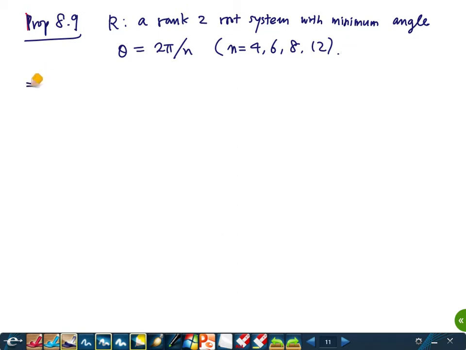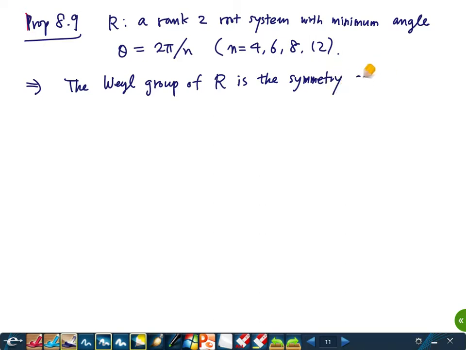Then the Weyl group of R is the symmetry group, not the symmetric group, they mean different things, of a regular n over 2 gon.